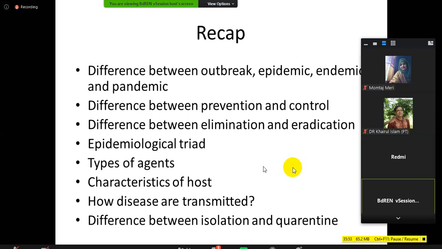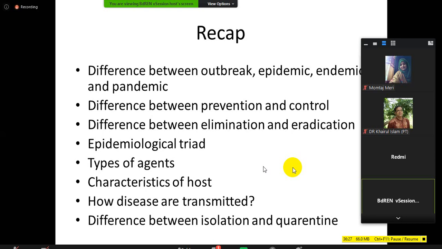In this triad we have three things: agent, host and environment. First of all there should be an agent, and this agent passes from the reservoir to another person, the host, through the environment, so it cannot go directly from agent to susceptible host.